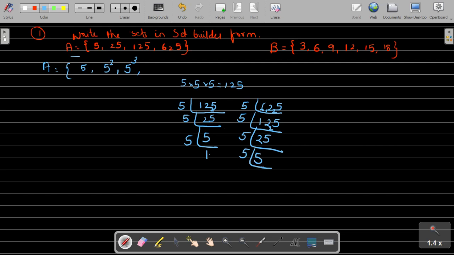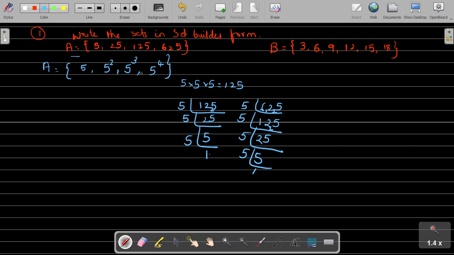We have to continue this process until we get 1 as the factor. So 5, 1, 2, 3, 4: when we multiply 5 four times you will get 625, right? So the same A can be written as 5, 5 squared, 5 cubed, 5 to the power 4.